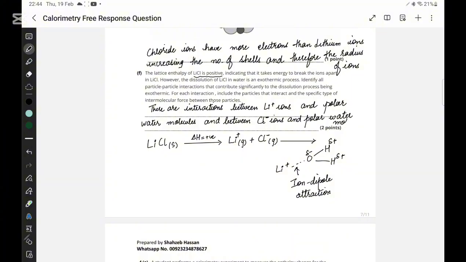This is for 1 mark, and for the second mark you can write that this is ion-dipole interaction.